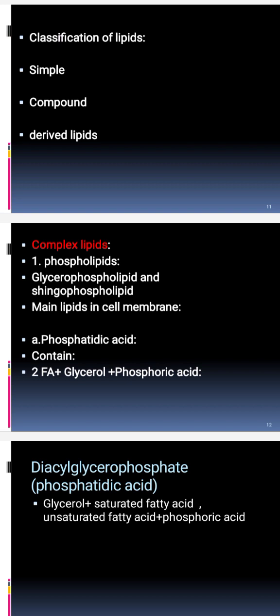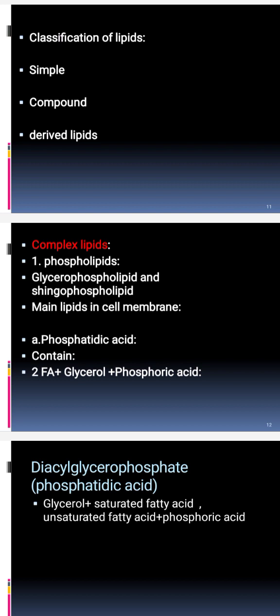Phosphatidic acid contains 2 fatty acids plus, of course, glycerol, because we said that the phospholipids contain glycerophospholipids and sphingophospholipids, and phosphatidic acid is one of the glycerophospholipids.